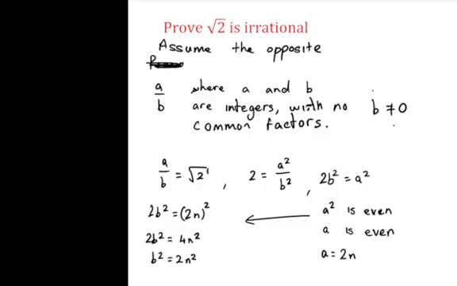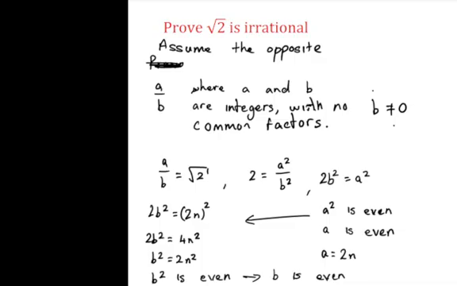And by the exact same principle as before, we've got b squared is equal to 2 lots of something, which means b squared is even. Bear with me. B squared is even, which means that b, hold on, just making sure you guys can see what I'm writing here. It means that b is even. There we go.